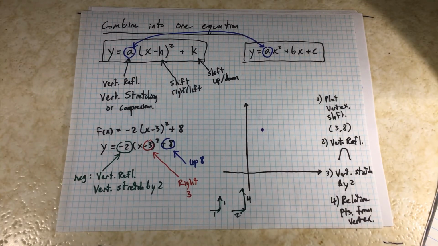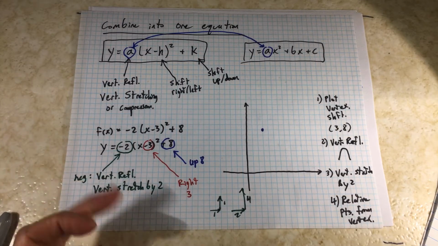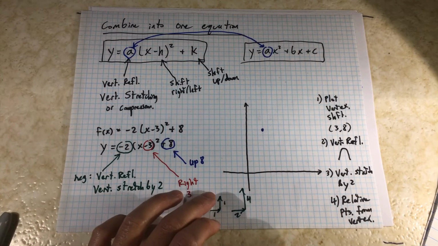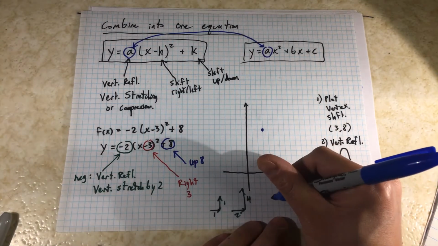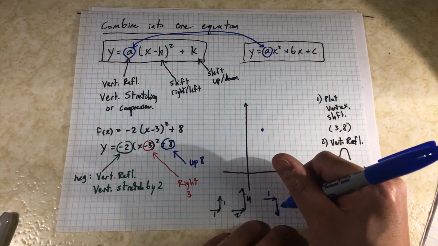That's our regular pattern. But there are two things that are different. First, we have a vertical reflection, so we're going to be going downward instead of upward. Makes sense. And we have a vertical stretch by 2, so the amount we move up and down is going to be doubled. So in this case, we're going to go right 1, and we're going to go down 2.